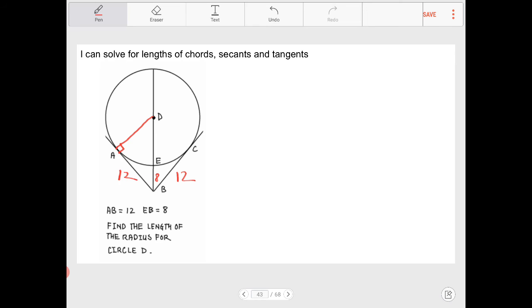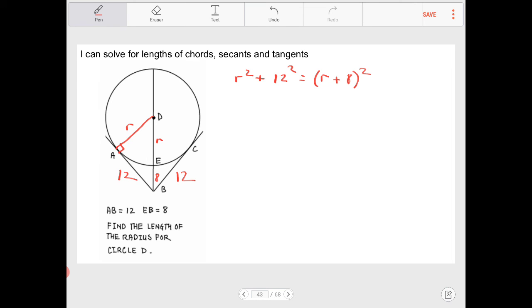I don't know what the radius is, so let's call that R. So therefore DE must also be R. So what's going to happen is I know that triangle ADB is going to be a right triangle. So therefore I can say R squared, which is segment AD, plus 12 squared, which is the tangent, should equal R plus 8 quantity squared.